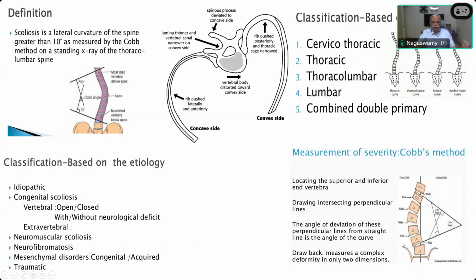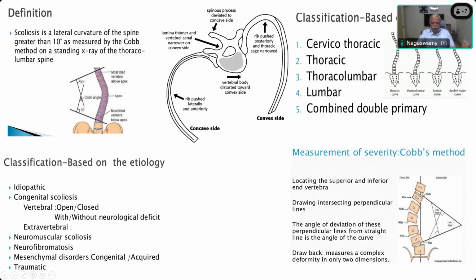where the curvature ends. You draw two straight lines and they cut each other to form an angle, and that is called the Cobb's angle. Another method is drawing a straight line from the midpoint of the upper line and drawing another 90-degree straight line from the midpoint of the lower line, and whatever angle is formed by these two lines, that is also called the Cobb angle.